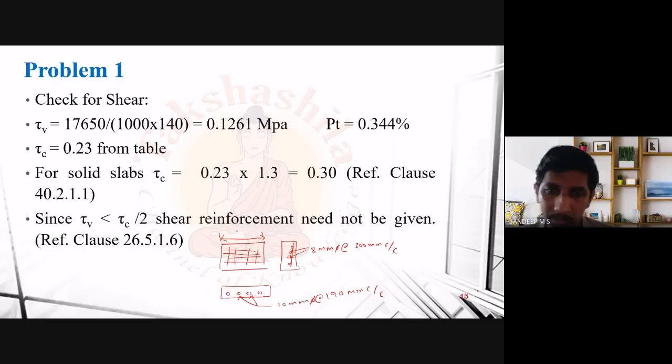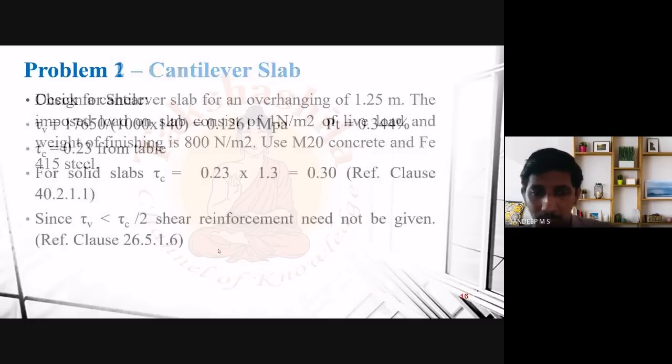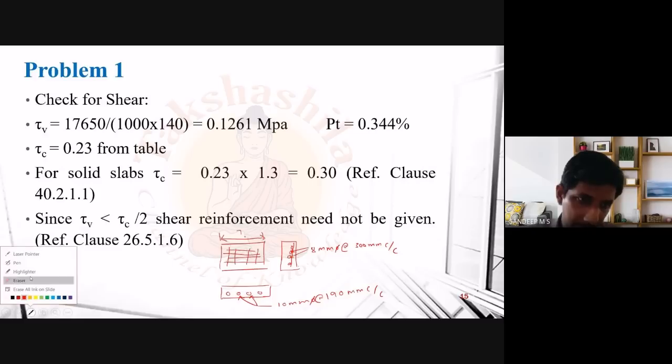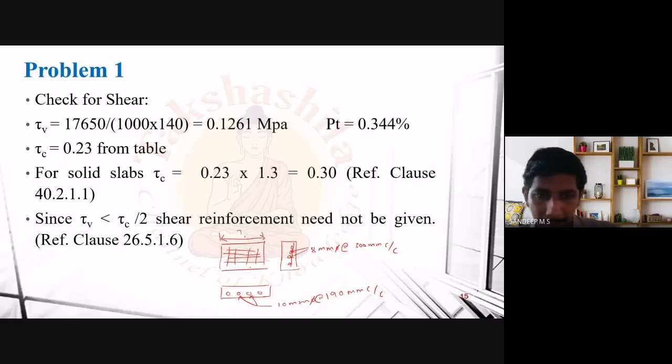Here also you have to show the dimensions. Then here you have to also show the main reinforcement. So this is again 10 millimeter phi at 190 millimeter C by C.